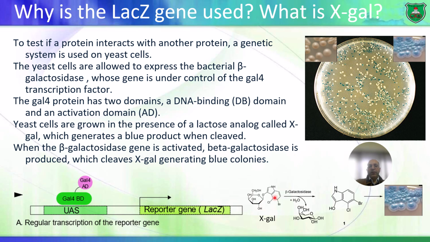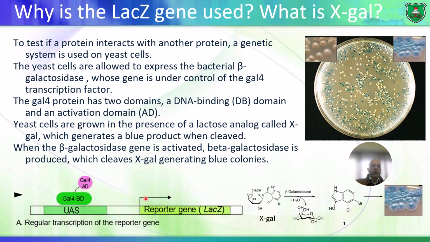So it looks like lactose, except that beta-galactosidase would cleave X-gal, producing this molecule right here, which gives a blue color. So the yeast cells become bluish. Okay, got it? So we have this genetic system.